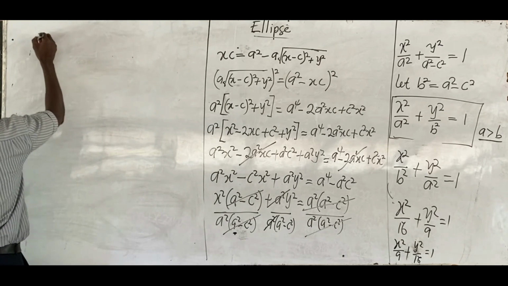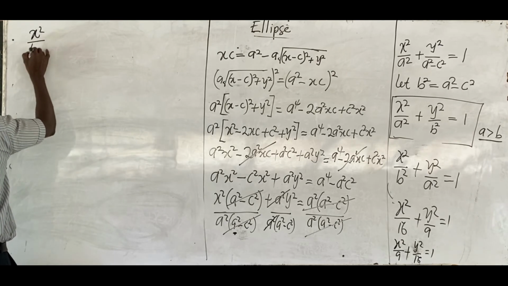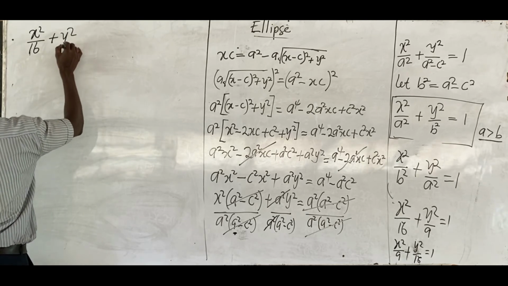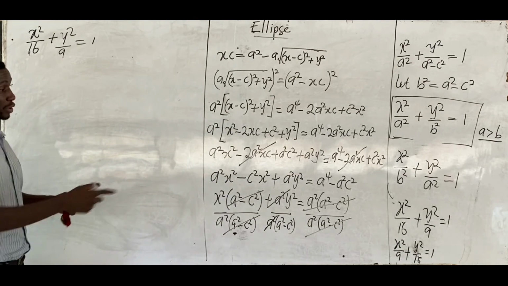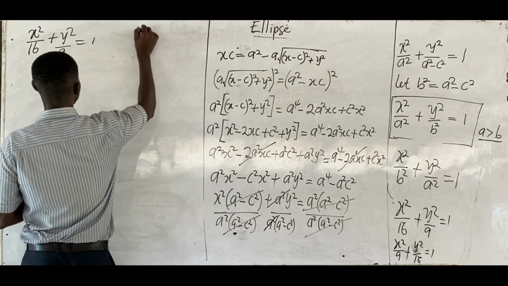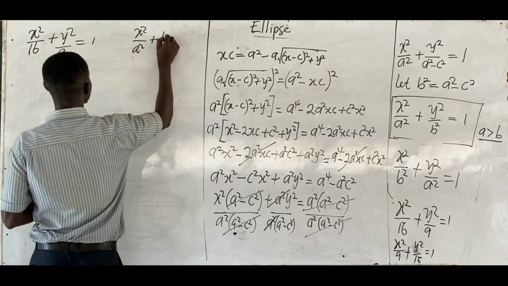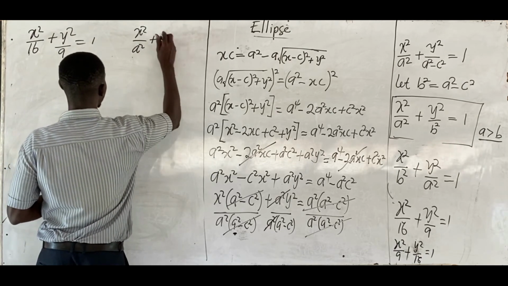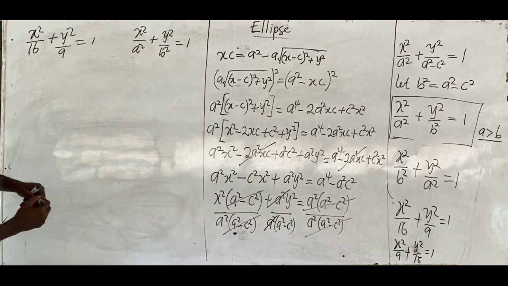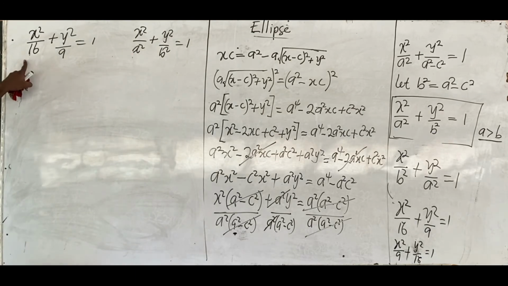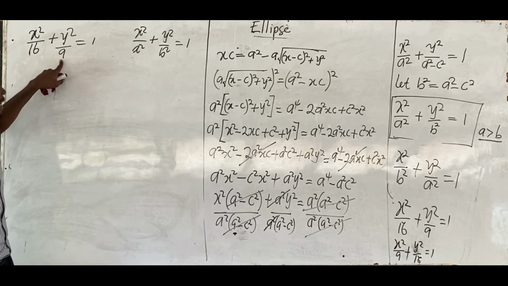If you have x squared over 16 plus y squared over 9 is equal to 1, you compare it to the general formula, x squared over a squared plus y squared over b squared is equal to 1. So now you see that a squared is equal to 16 and you get a to be plus or minus 4, and b squared is equal to 9 and you get b to be plus or minus 3.